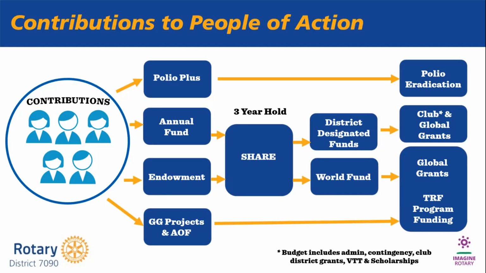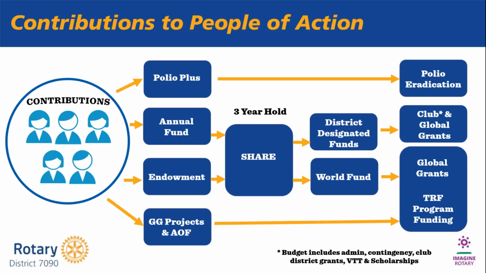It's important to know that if you donate to a specific area of focus, that money does not come back to the district. It goes to that area of focus, which can be used in World Fund type projects. If you donate to the annual fund share, that does come back to the district. If you donate to the endowment share, your principal stays and is invested in perpetuity, and any income and dividends from that investment come back to the district.